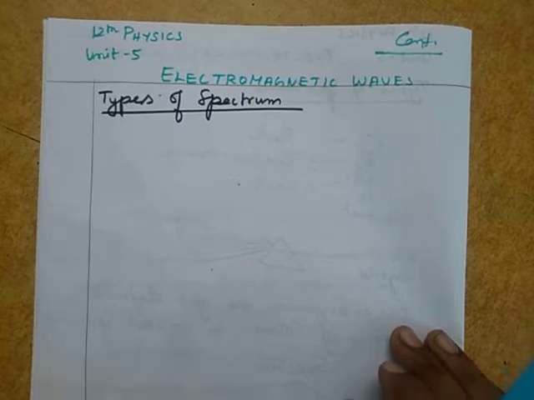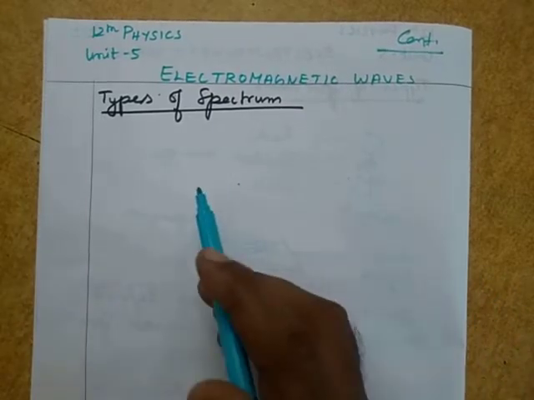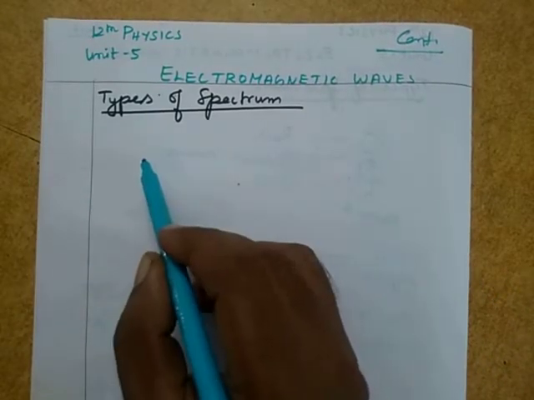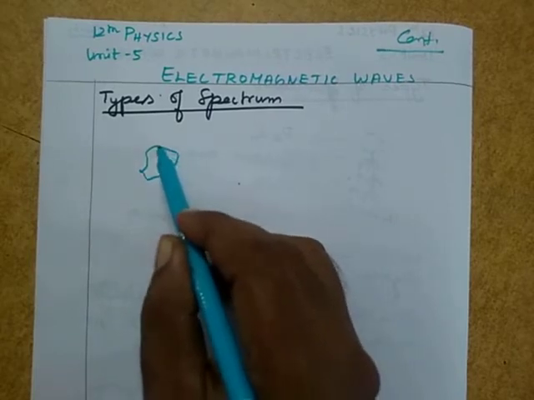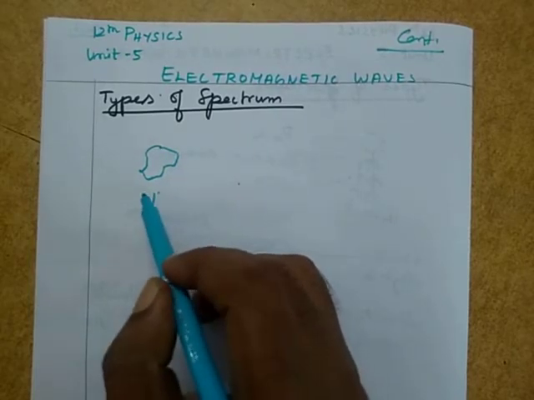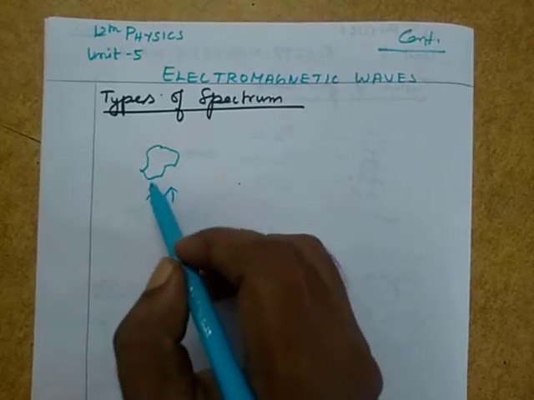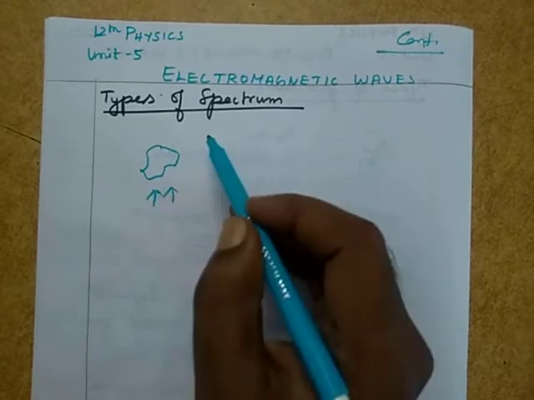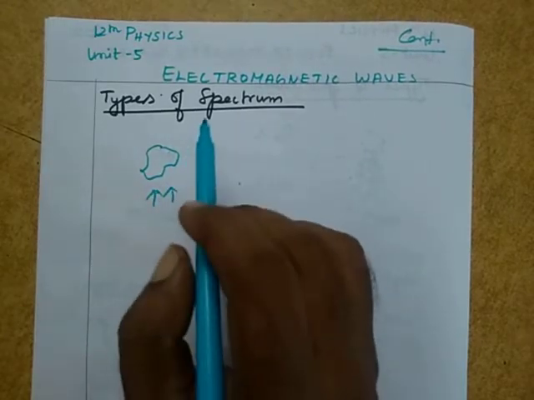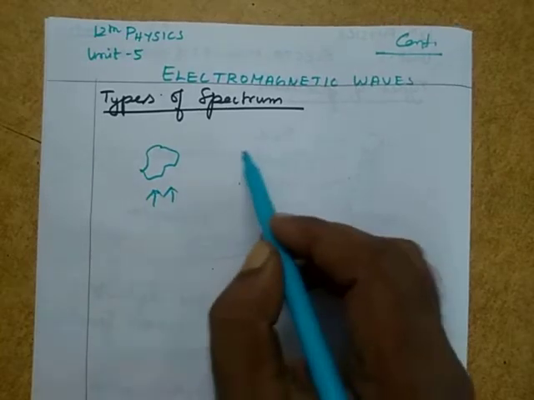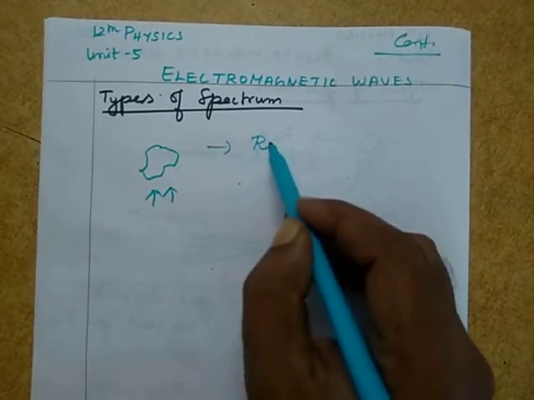We know when an object is burnt it will emit radiation. Suppose I consider an object. If I burn this, I am applying temperature to this, it will emit radiation. If this object is hot, it will glow in red color.